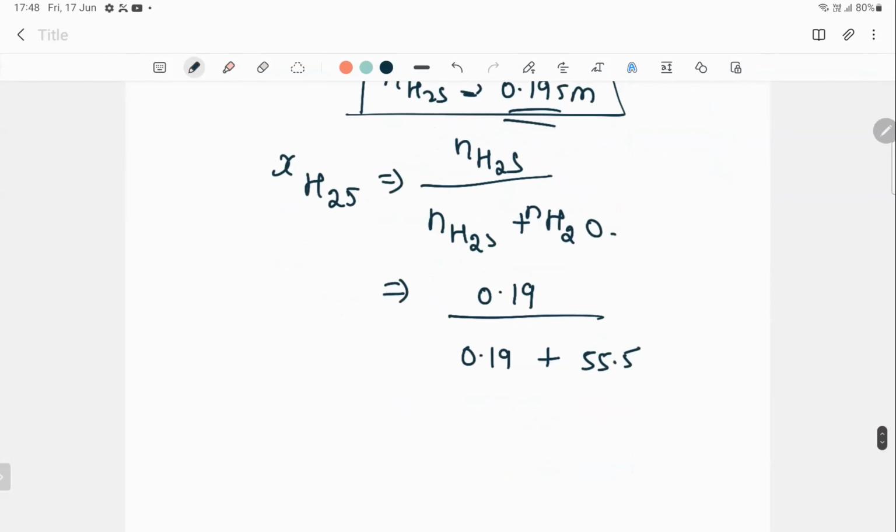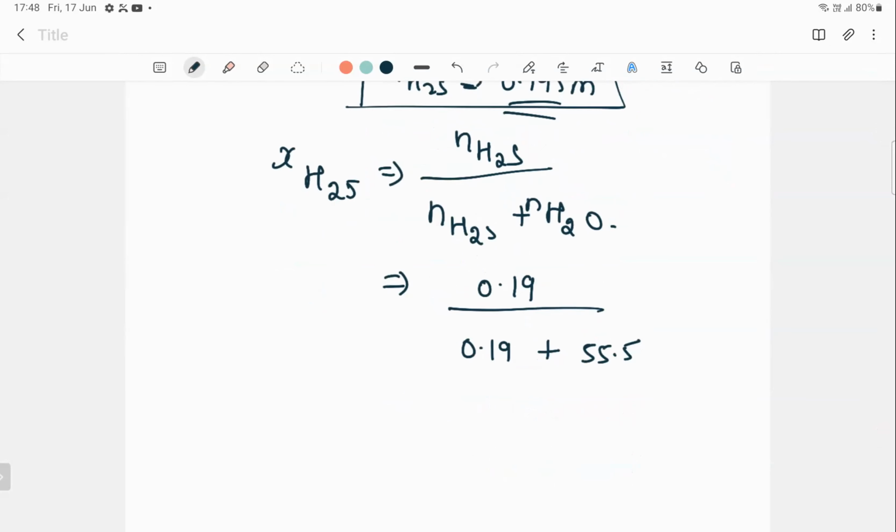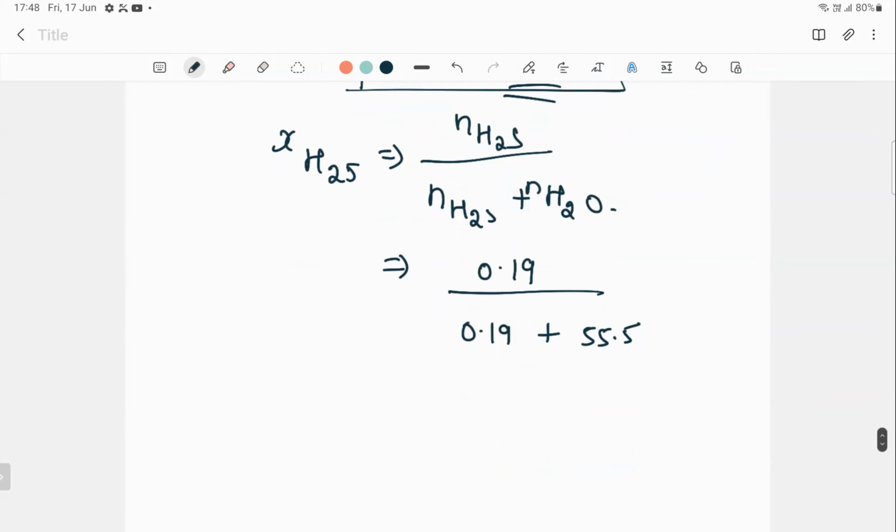Because they have given it, that is what we have found: number of moles of solute H2S. If they have given it, you can incorporate it. If they have not given it, it is negligible.